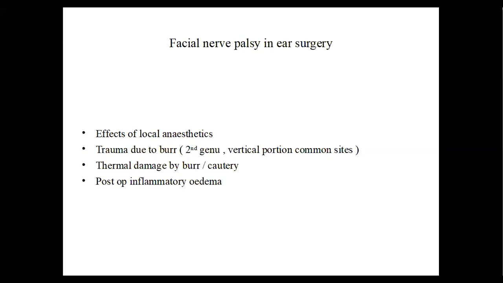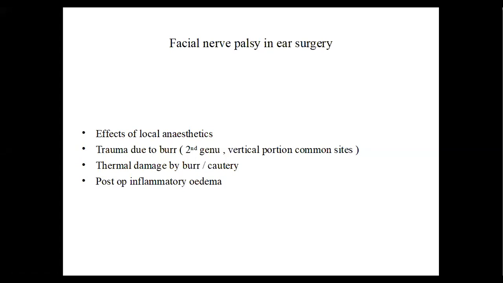Then the other condition is trauma due to the burr. So directly using the burr onto the facial nerve can cause permanent damage. The commonest site of facial nerve injury during mastoid surgeries is the second genu, where the horizontal segment becomes the vertical segment, and even the vertical portion itself. These 2 are the commonly injured segments.